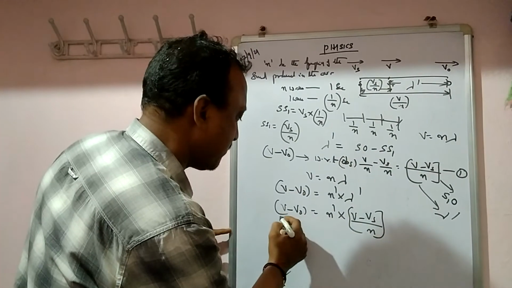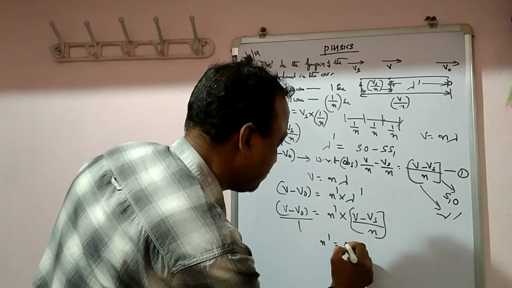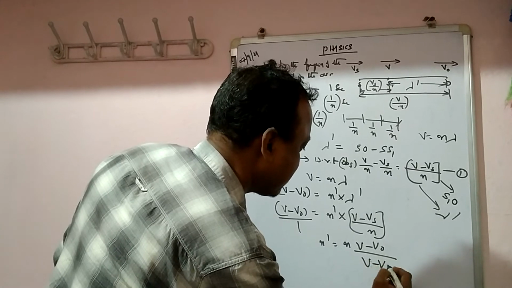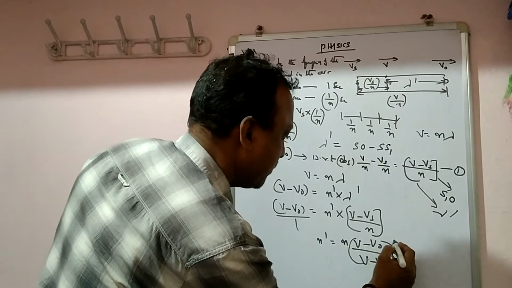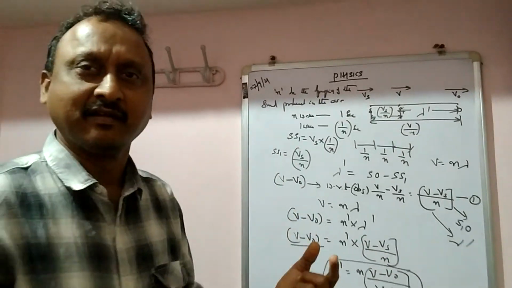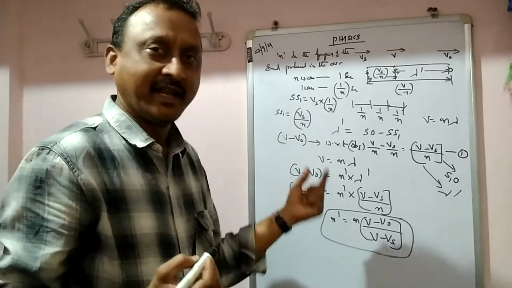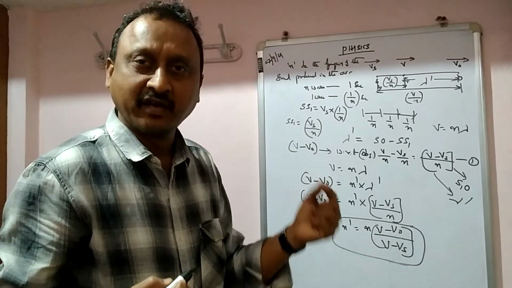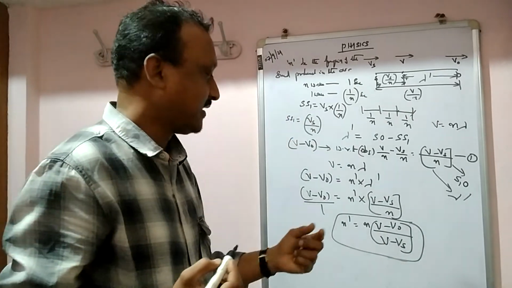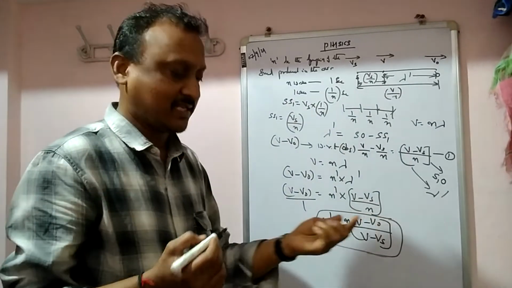If you cross multiply, we get n dash is equal to n into V minus V0 by V minus Vs. We have obtained an expression for the apparent frequency of the source of sound when the source, observer and velocity of sound are all in the same direction. That is n dash is equal to n into V minus V0 by V minus Vs.